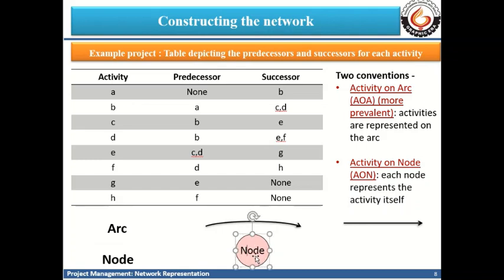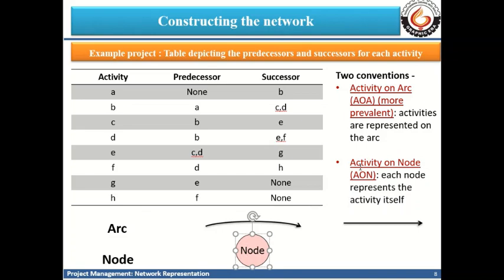There are two main conventions used. One is the activity on arc, and as the name suggests, it shows the various activities on an arc, and this is a more prevalent representation which is used in most of the textbooks of practice.